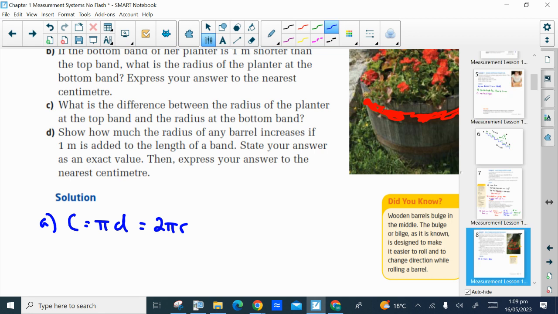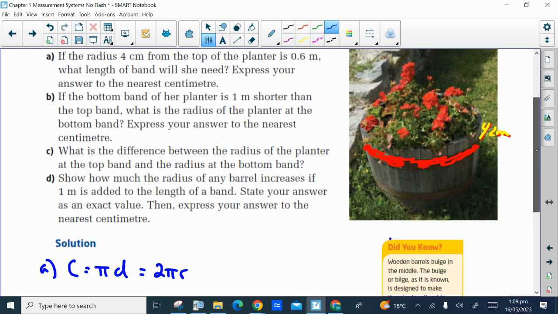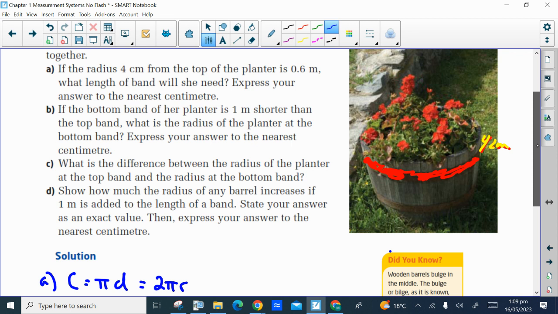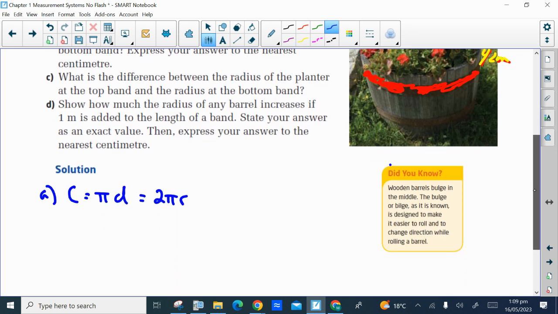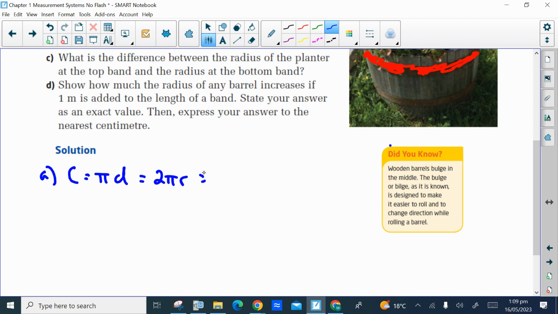So those are the two formulas for circumference. And we are told, again, that the radius at this point is 0.6 of a meter. So we'll use 2 times pi times r. 2 times pi times 0.6 of a meter, because we're told that the radius is 0.6.